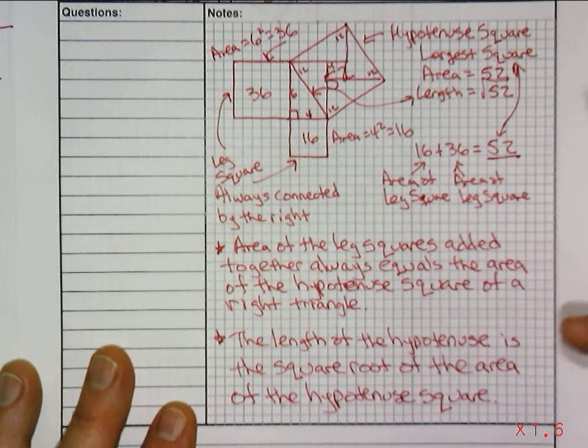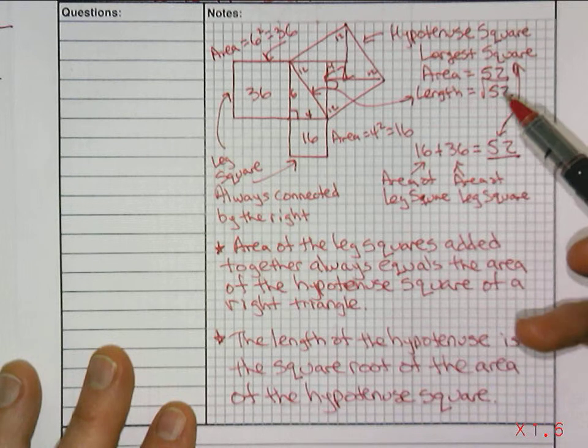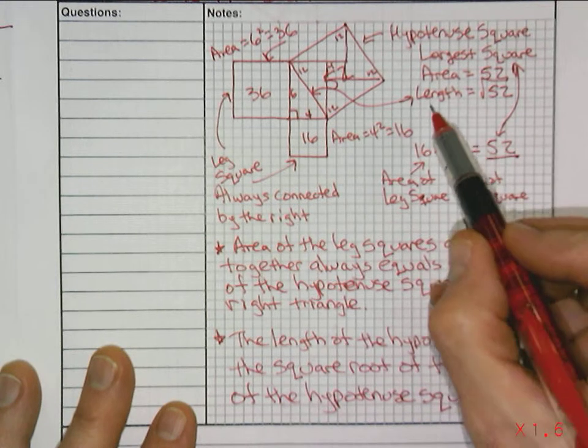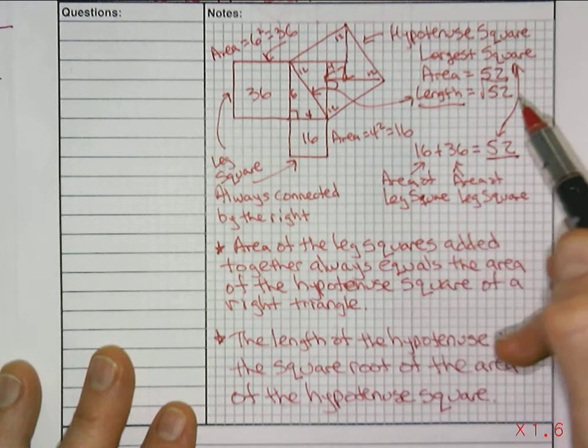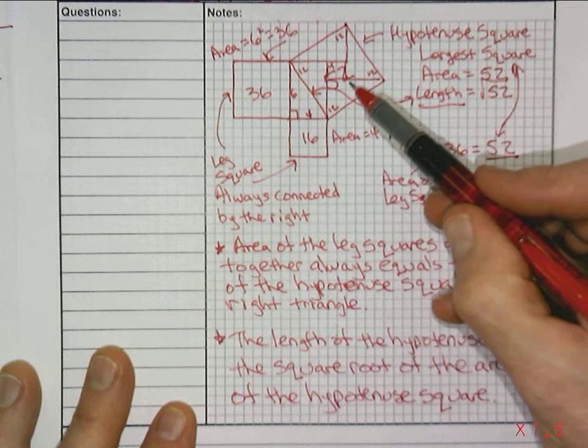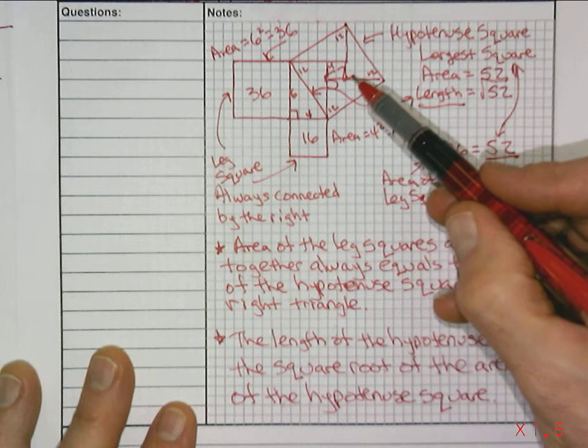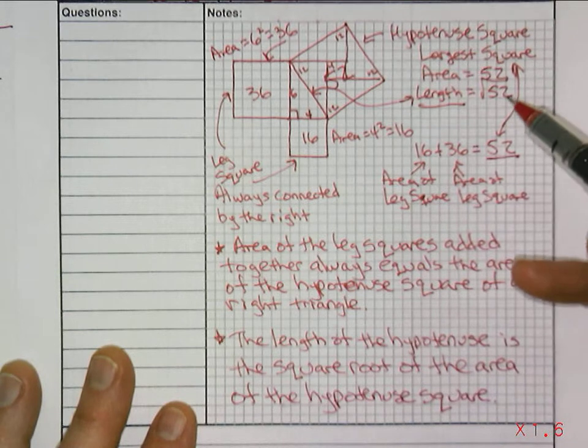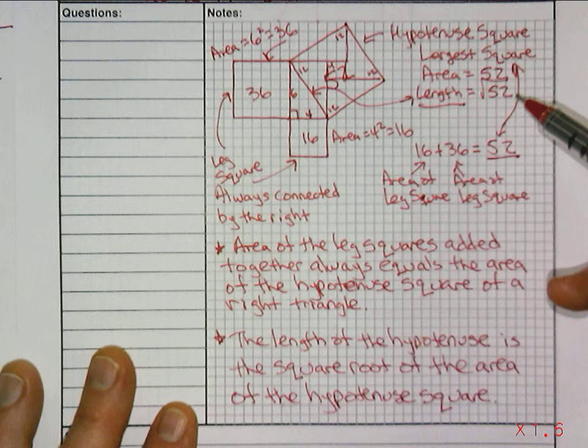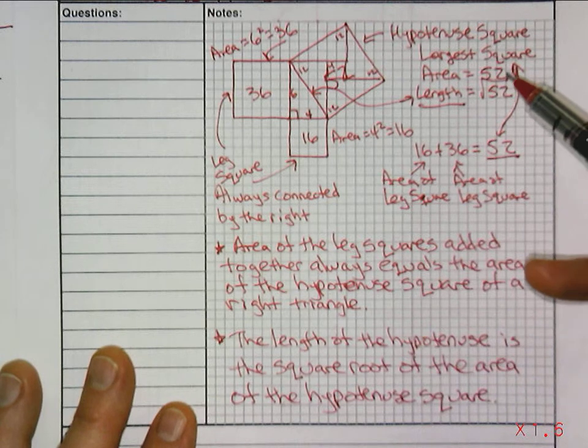Which means right here we get the length of the hypotenuse from the area of the hypotenuse square. Since the area is 52, the length has to be the square root of 52. The length is the square root of the area.